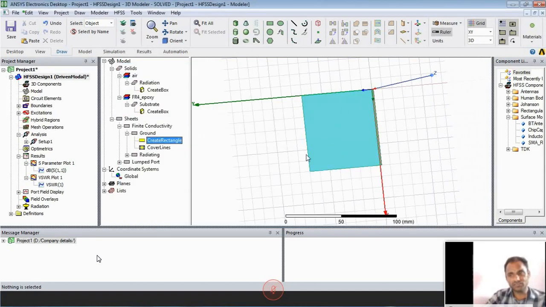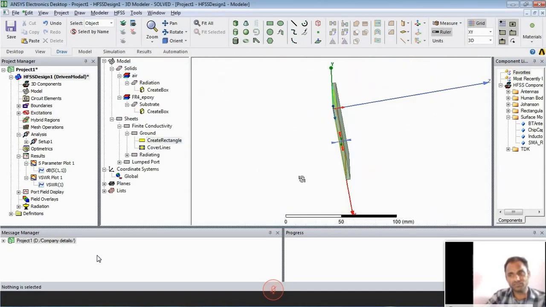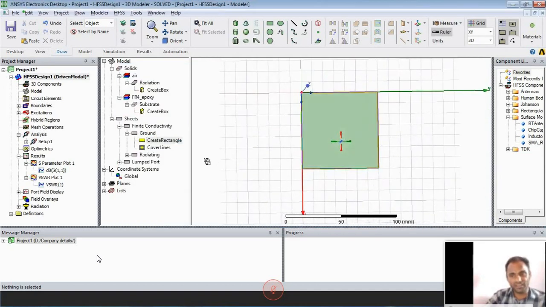Then X is 70 and Y is 70 based on the calculation. So if you give those values, we get the exact dimensions.